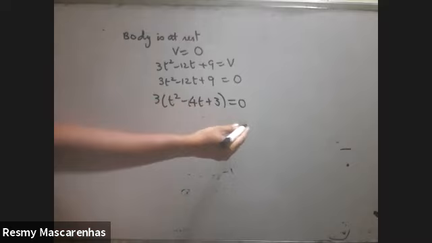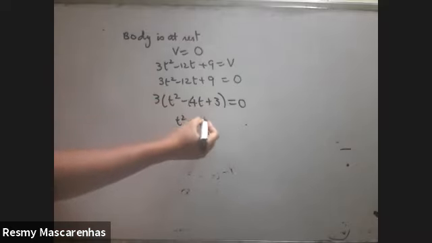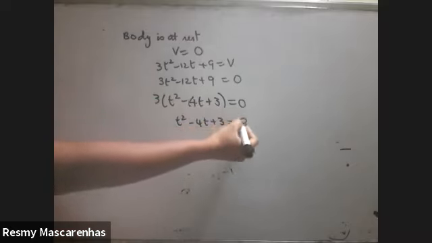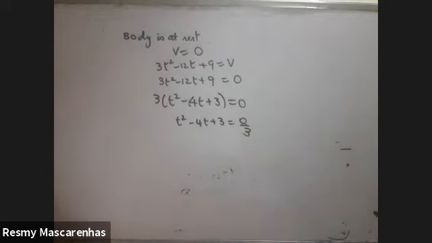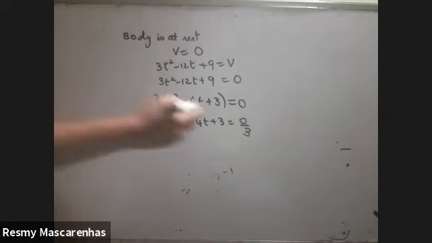So 3 will go that side. 0 upon 3 will anyways give you 0 only. No need to write also that, directly can write it as 0. But then students after some time, while studying back, will wonder where did that 3 go. So that's why I've written like this.